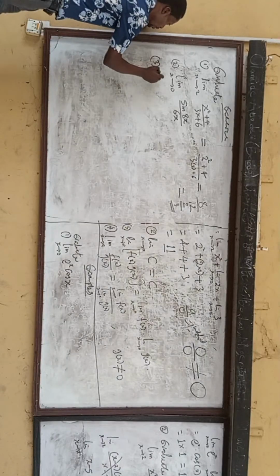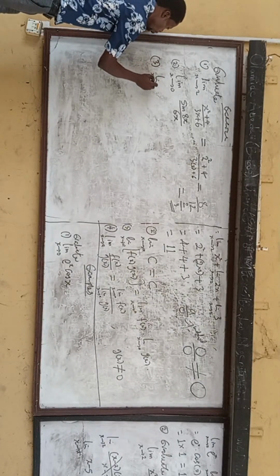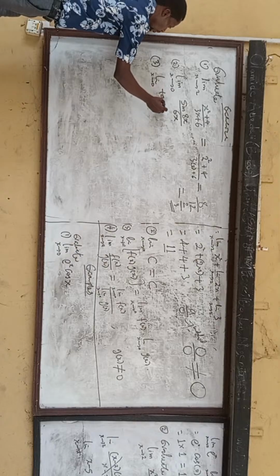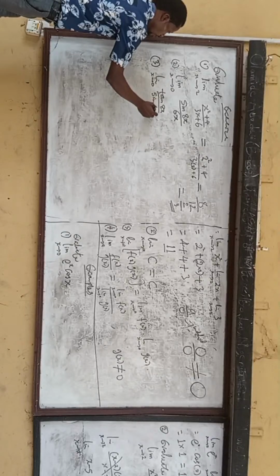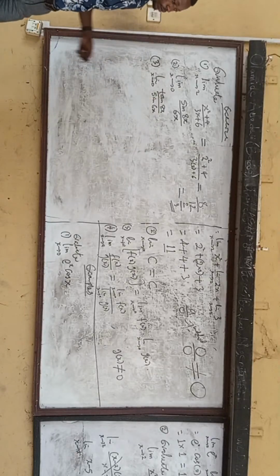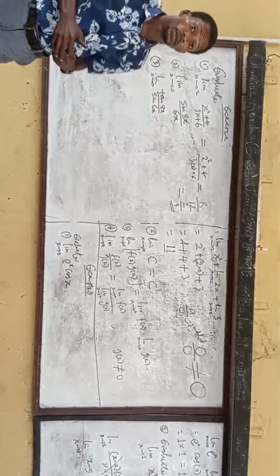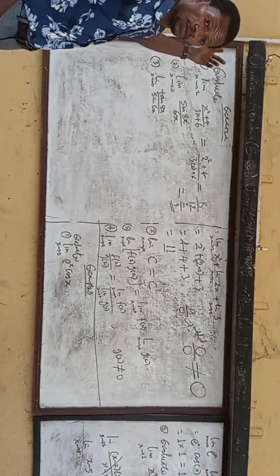Forget that one. Limit as x goes to 0 of 8x sin. No, that's the follow one, I think.